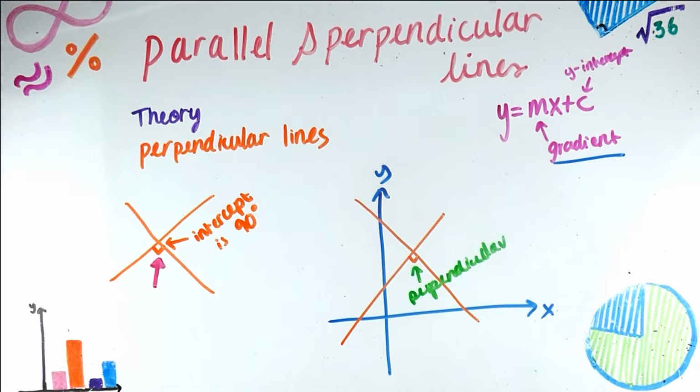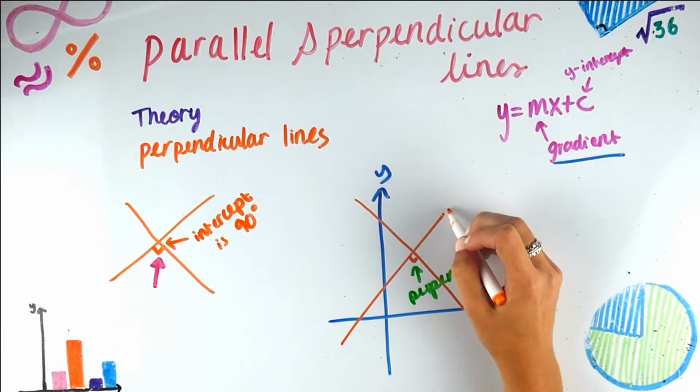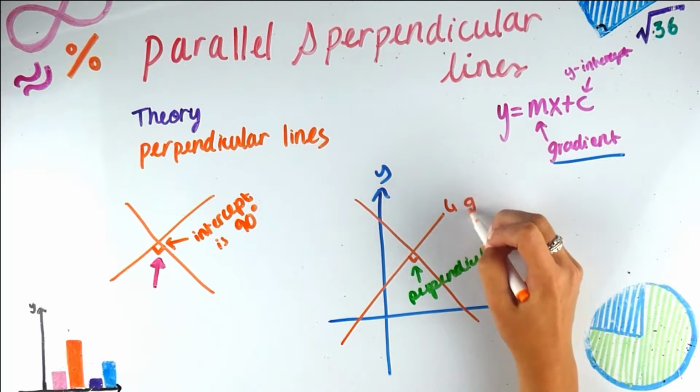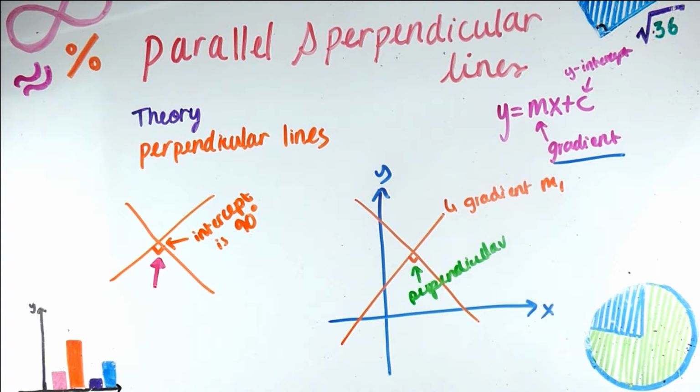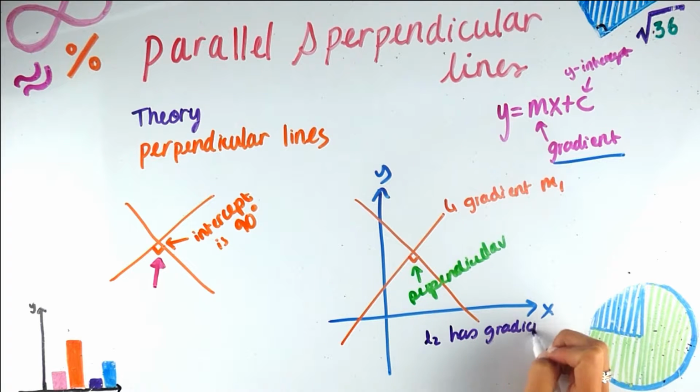But what is very interesting is, I'm just going to give you the answer and tell you what it is. So let's say L1 has gradient, we're going to call it M1. Then we know from what we're learning now that L2 has gradient, and this is very important, we're going to call that M2, which is minus 1 over M1.